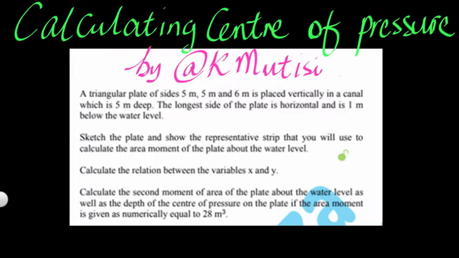In our case, we are given the area moment already. It is given as 28 cubic meters. So we just have to find the second moment of area, then divide it by the area moment to get the depth of the center of pressure. Anyway, let us start with the sketch.